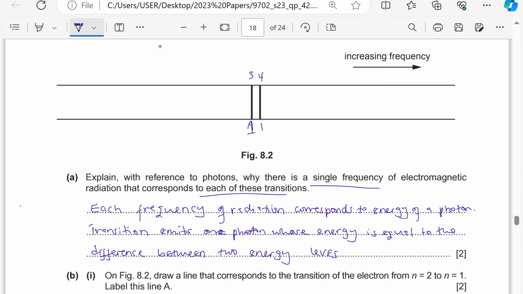In other words, the difference in energy is equal to hf. Difference between two energy levels is equal to hf.